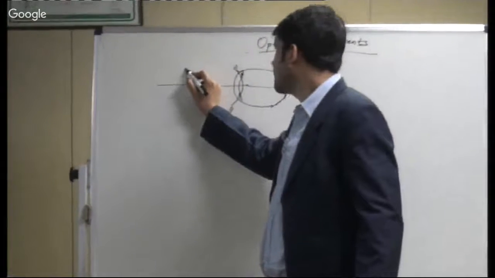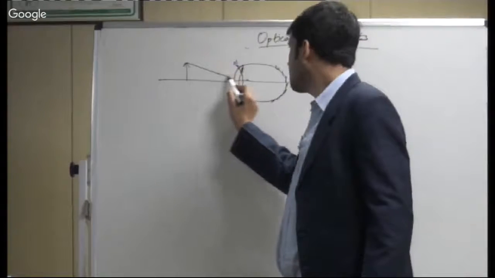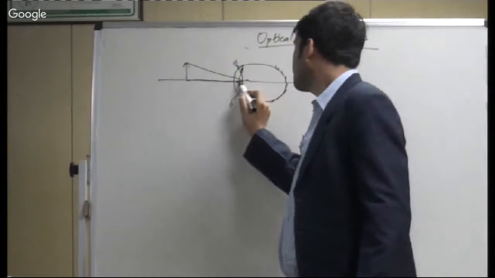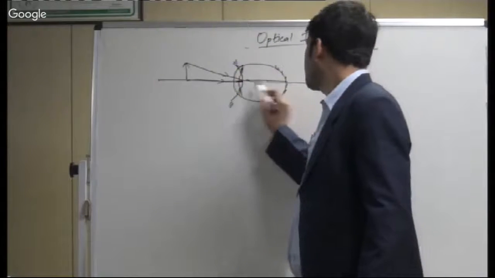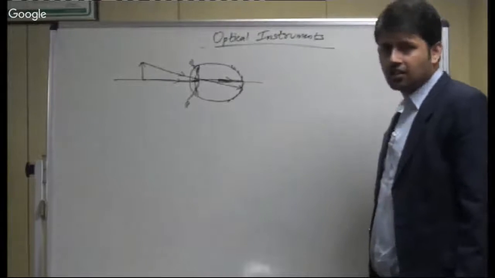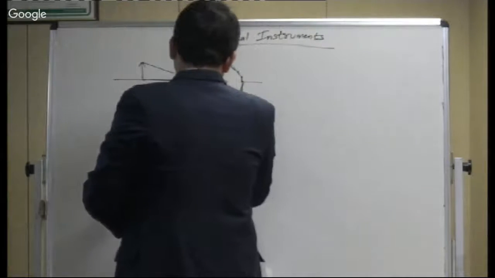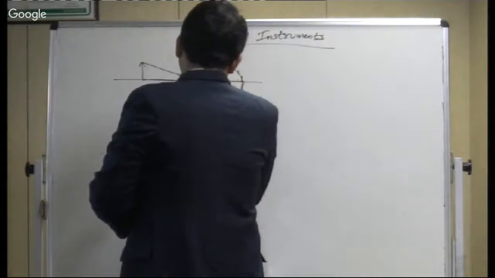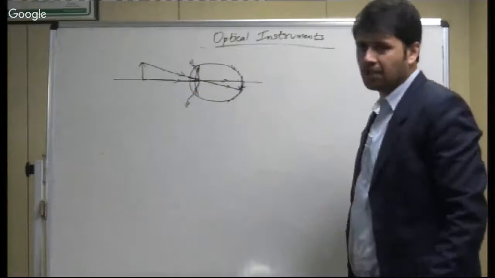When an object is placed in front of the eye, light rays from the extremities of the object enter into the eye. Okay, light rays form this image. Let me make it a bit better. Okay, so this is the image formed.